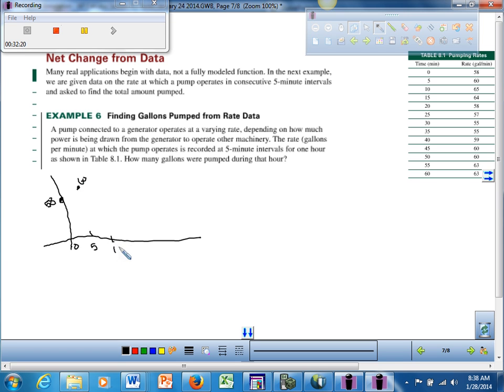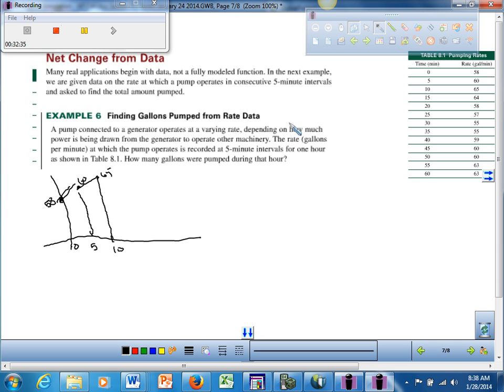At time 10, we are at 65. And so on. So you can see the trapezoids that we can build to approximate the area under this curve.